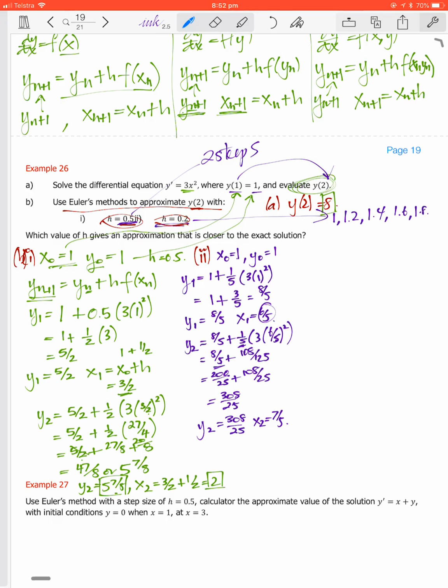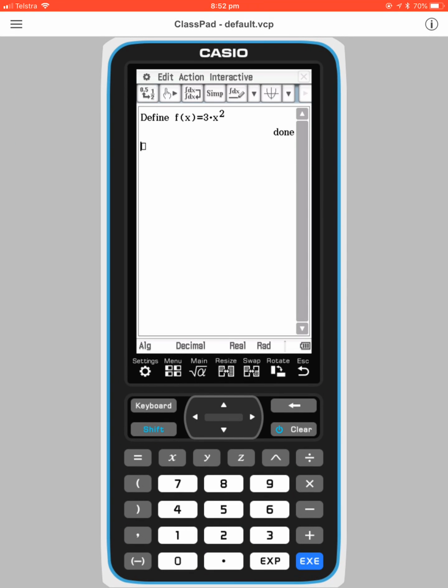So, first thing we want to do is define f of x to equal 3x squared, which is our original function.